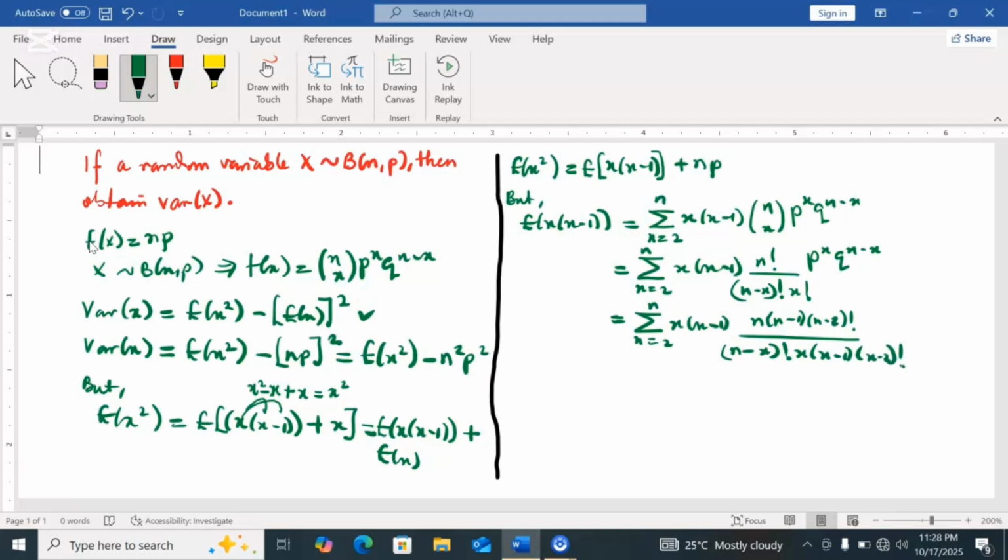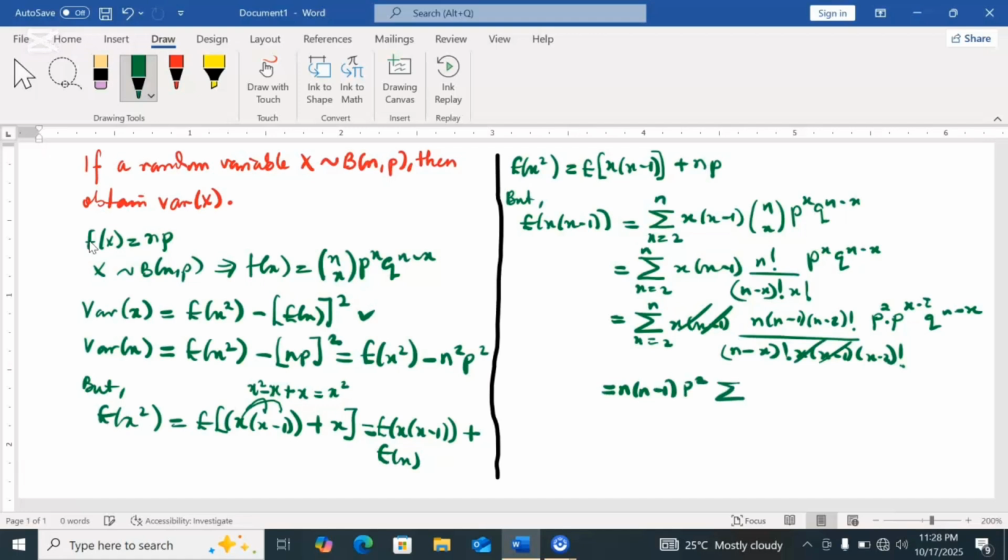Okay, and then I'm going to write this as p raised to power 2 times p raised to power x minus 2, which, of course, when you simplify by indices, gives you p raised to power x. And this will be q raised to power n minus x brought here. Now, obviously, one can cancel x and x minus 1, and I can bring out the constants n times n minus 1, and then p squared.